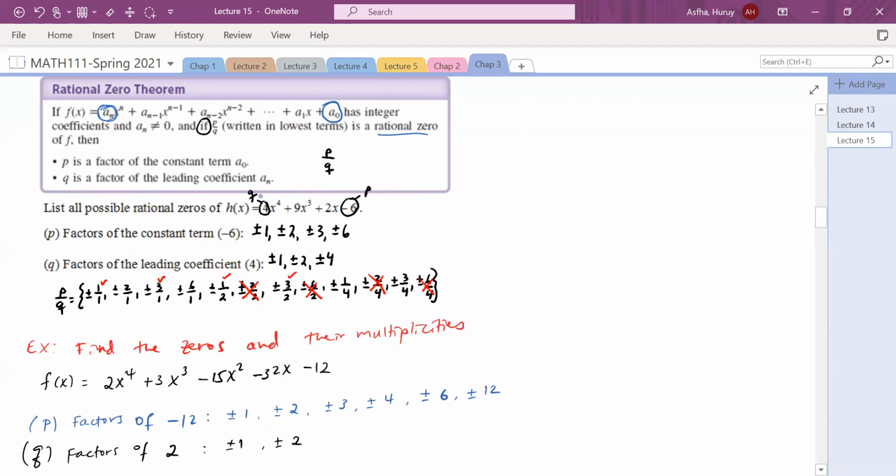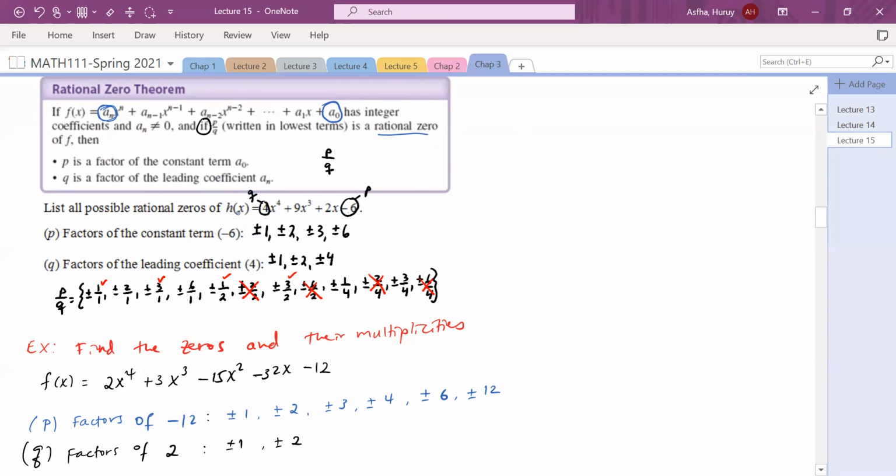Now we can list the factors of each of them. For negative 6, the factors are plus or minus 1, plus or minus 2, plus or minus 3, and plus or minus 6. And factors of 4 are plus or minus 1, plus or minus 2, and plus or minus 4. So these are the possibilities.